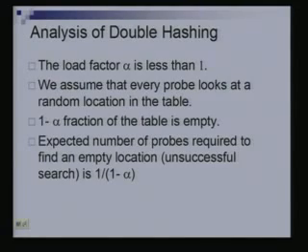Okay, and now we are also going to assume, similar to the assumption that we made in the last class, that every time I probe, I actually look at a random element in the hash table, uniformly random. So the first time I probe, I will take a random location in the hash table and try to put the element there. If it is occupied, then what do I do? Once again, I'll pick a random location in the hash table and try to put it there.